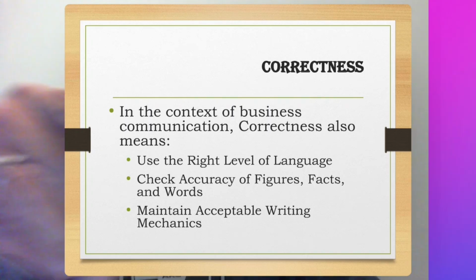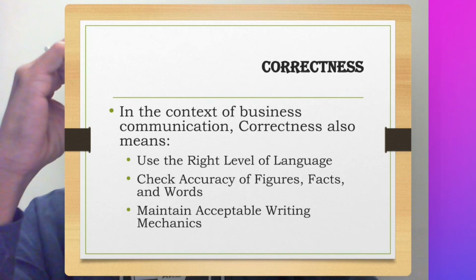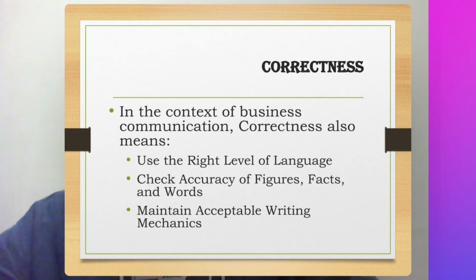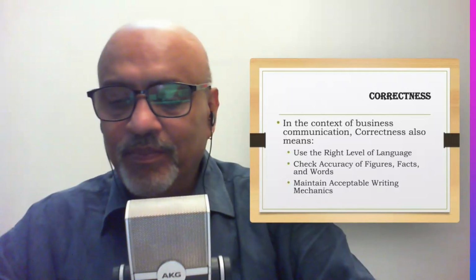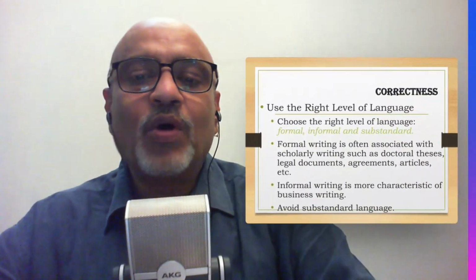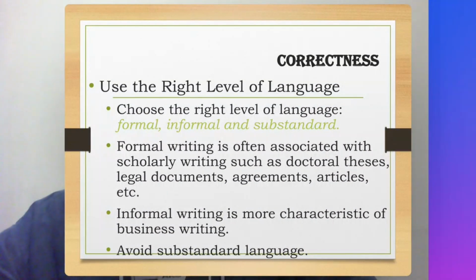And then, friends, we need to maintain acceptable writing mechanics. So writing mechanics are also equally important for your business documents. So let's first look at the right level of language.